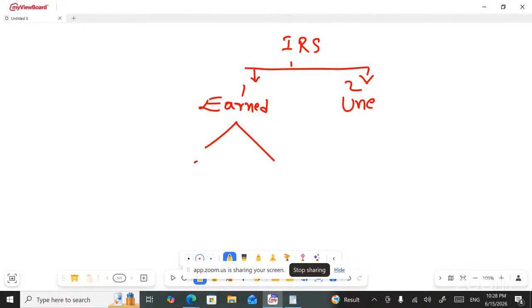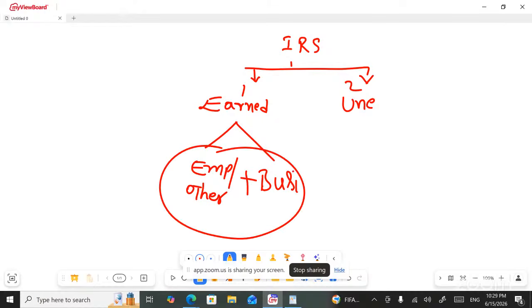One is because of employment and any other services provided. Physical effort is involved here, employment service and any other services. Second one is business. Business also involves, apart from the investment of the funds, personal service. So both incomes are technically called earned incomes.